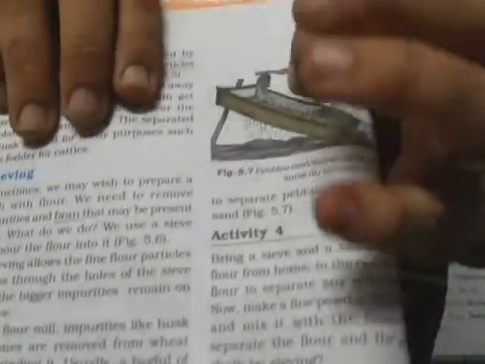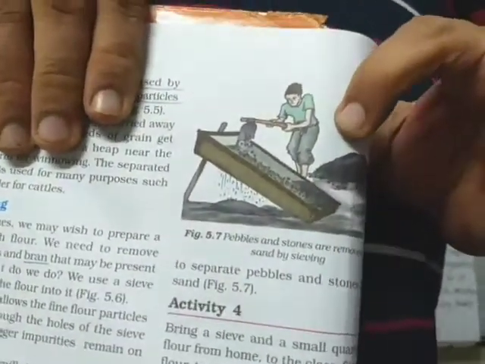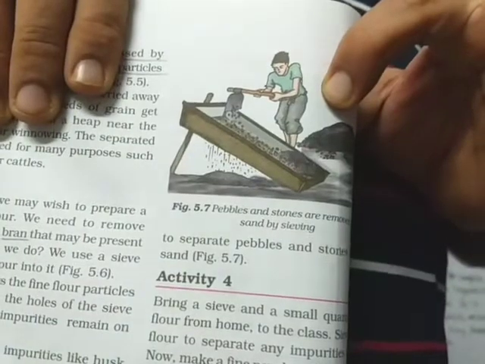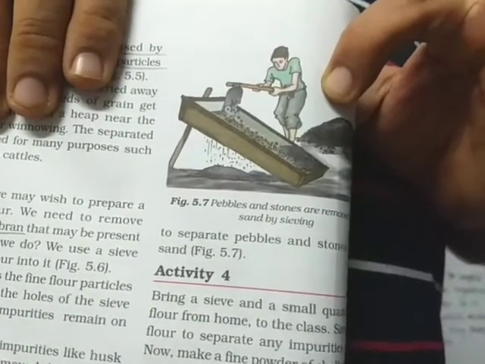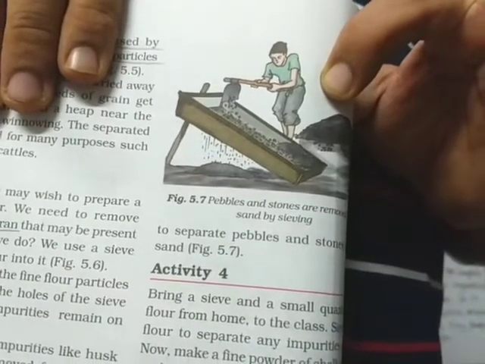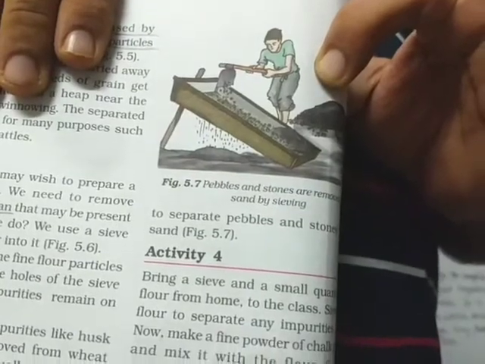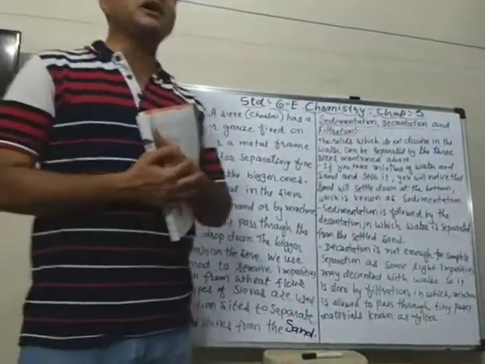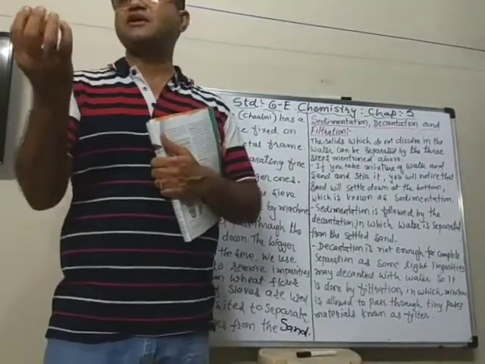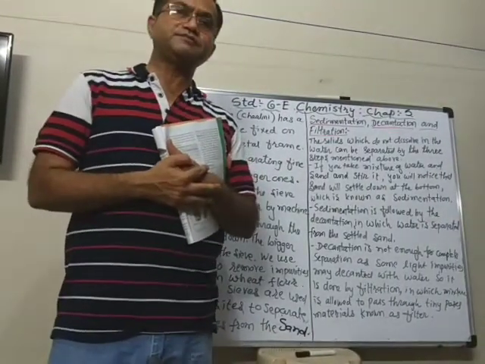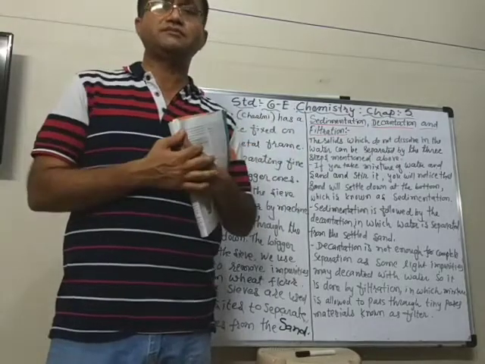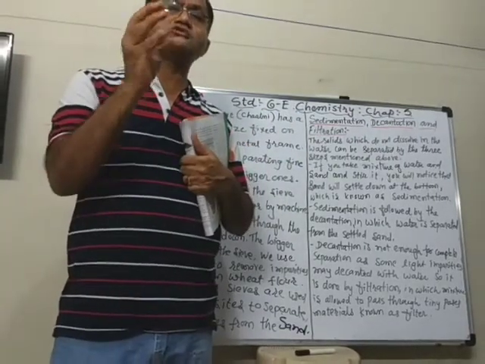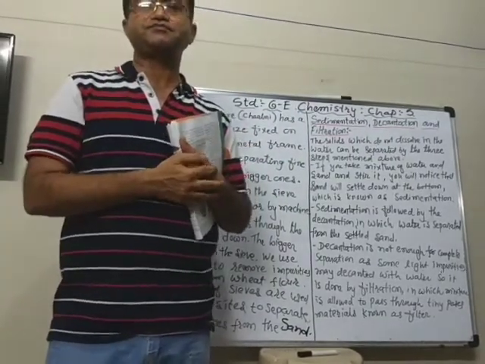And here you can see the sieve which is used at the construction site, because when they bring that sand, sometimes they need very fine particles of sand, but in the mixture there are some small stones or pebbles.